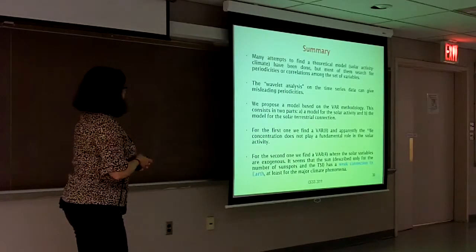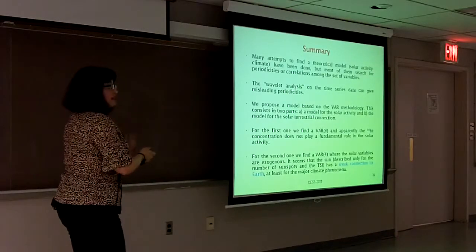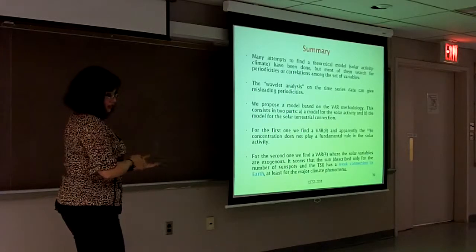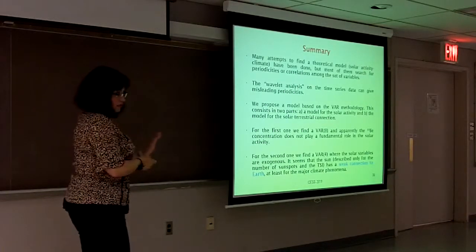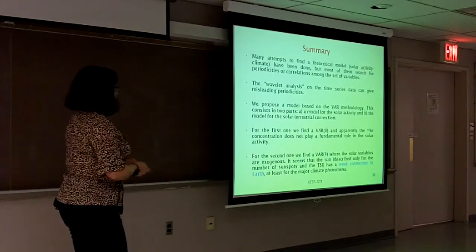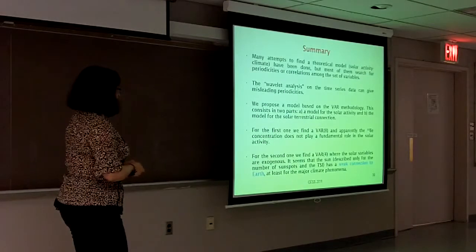So we propose a model based on the Barr methodology. In the first part, we model the solar activity and the solar-terrestrial connection, and the other part is devoted just to the solar activity. For the solar activity, we found that apparently beryllium, that kind of isotope, doesn't play a fundamental role.